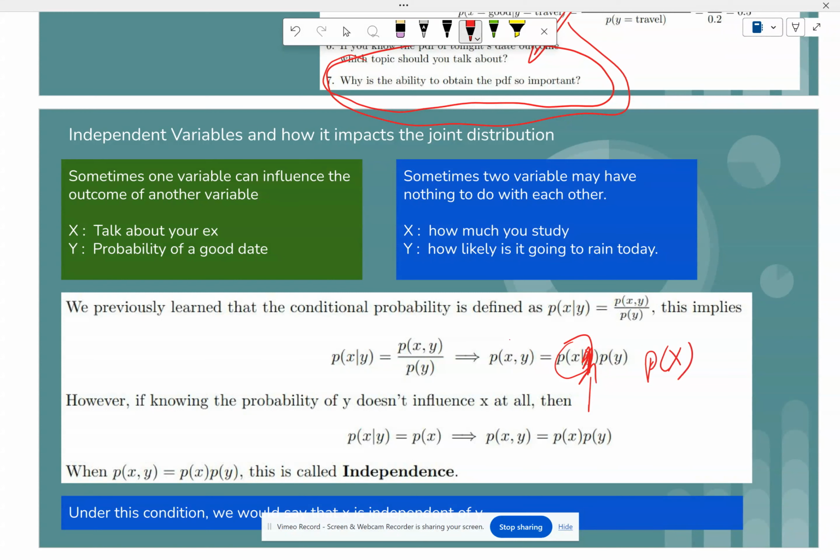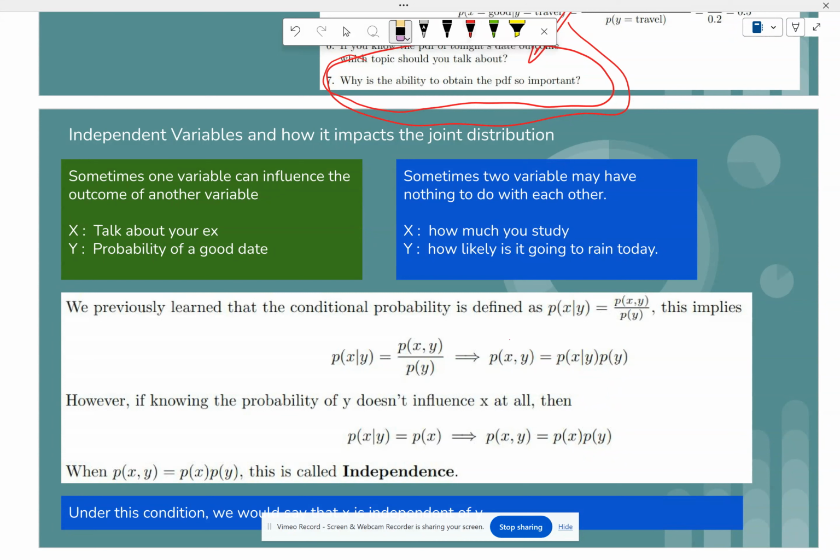Nothing happens because Y doesn't influence X. In those cases, when you can ignore this, we call them independent. X is independent because knowing Y doesn't change the probability distribution of X at all. And if that's the case, we can just ignore it. After we ignore it, notice how it's just P of X, P of Y. That's it.